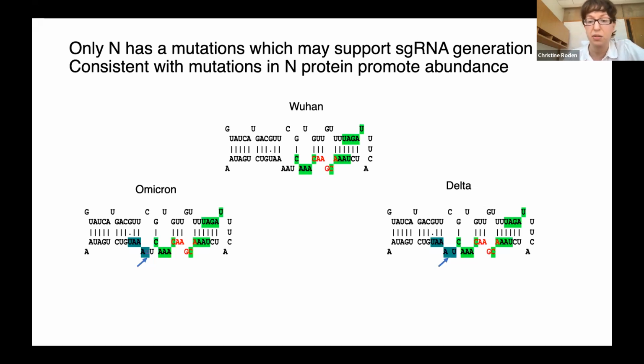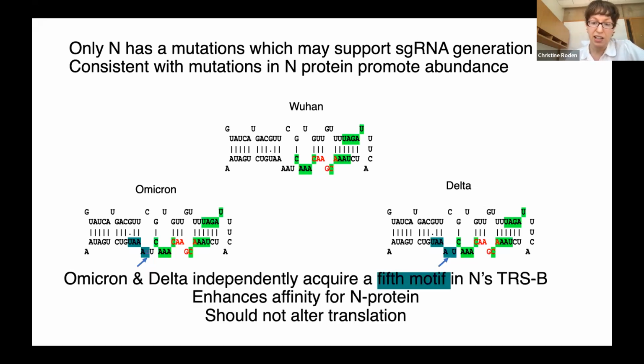So these 2 mutations arose independently. And that suggests that they independently acquired a 5th motif. And we've tested this sequence and it enhances the affinity for N protein, and it should not alter either translation or structure.